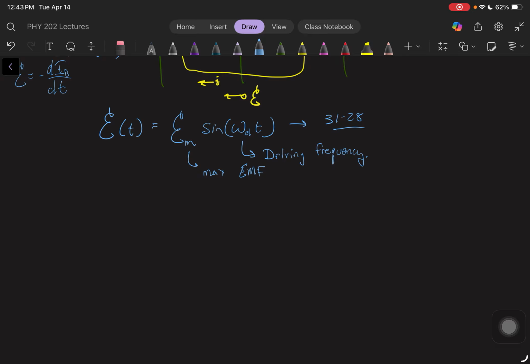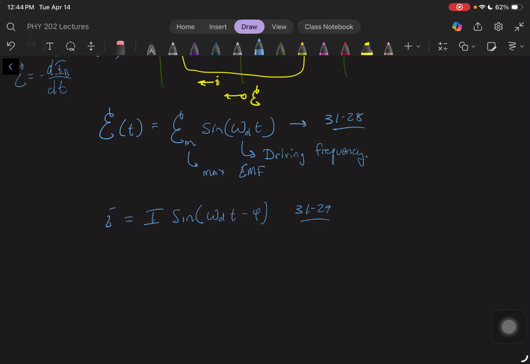And if we wanted to find the current as a function of time, we could say the current is equal to some max value times sine omega d t, and then we can add a phase in there.